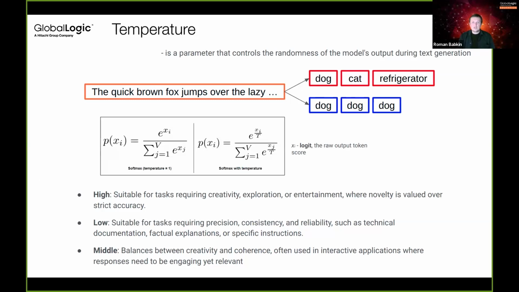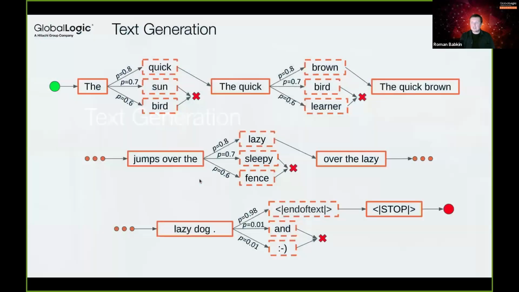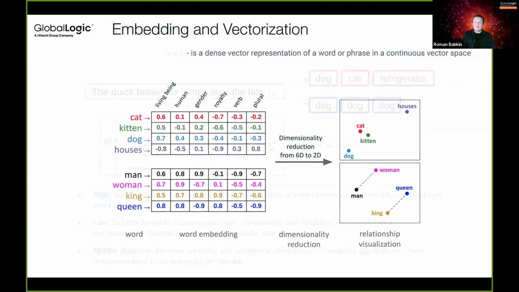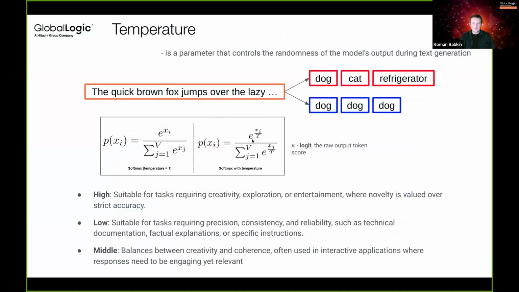What does V stand for? Okay, got it. This is all the possible results when you create a text. In this case, V is 3. So we found 3 possible outputs, and V is the volume of all those outputs that we can apply.